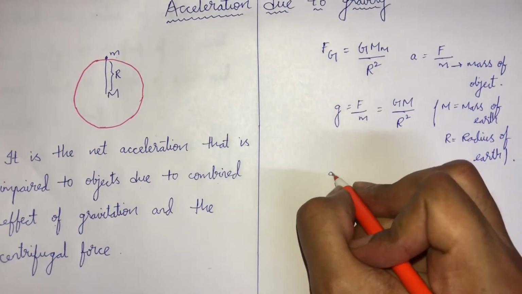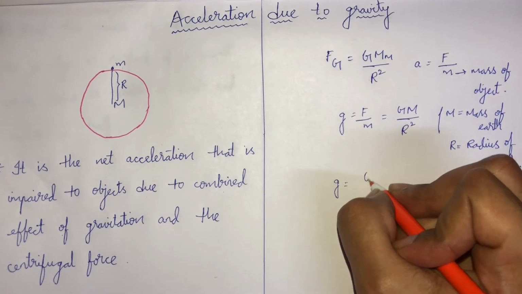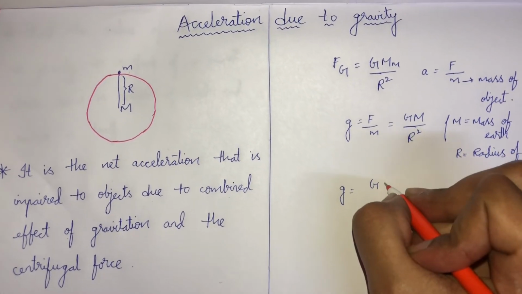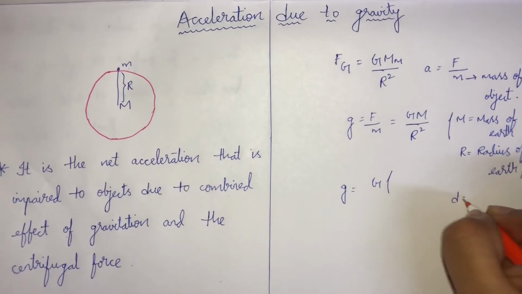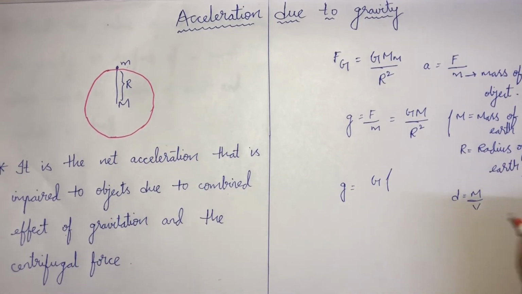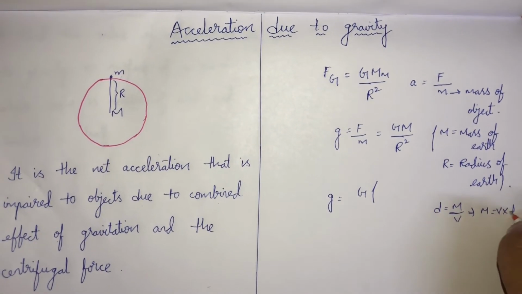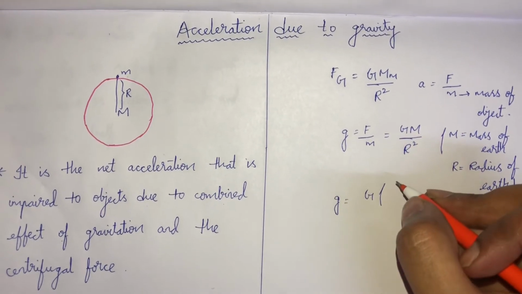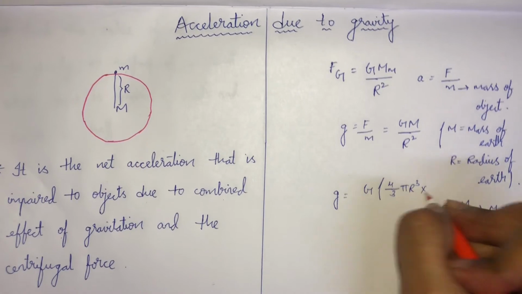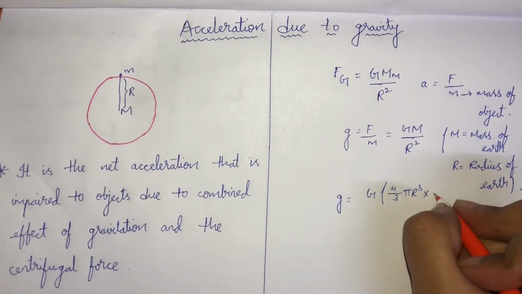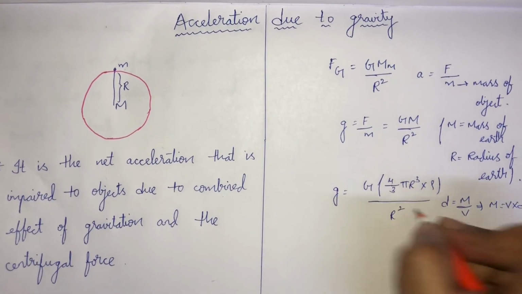Then in terms of density, acceleration due to gravity, g, is equal to gravitational constant into mass by r square, where density is equal to mass by volume. Then mass will be equal to volume into density, that is volume of the earth, 4 by 3 pi r cube into density, by r square, sorry.